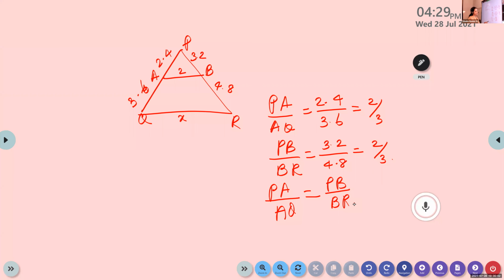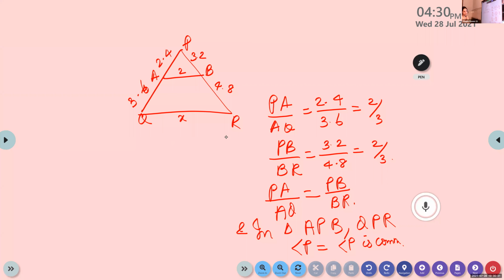Okay, therefore we get the sides as proportional, and in triangles APB and QPR, angle P is common. Therefore, what can you say? Triangle QPR will be similar to triangle APB.